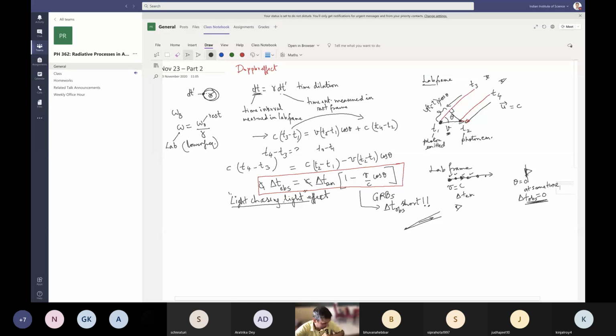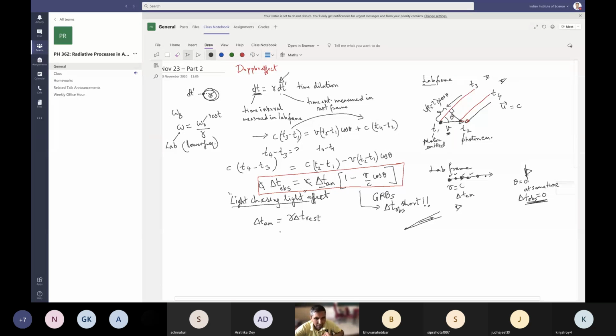Okay, so this is this, but we know that delta t emission is measured in the lab frame, but this is equal to delta t rest times gamma, right? The time interval between the emission of these photons is equal to gamma times this.